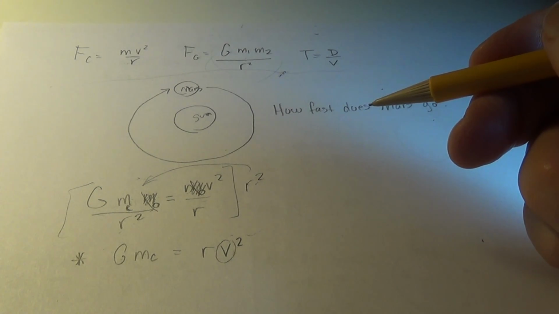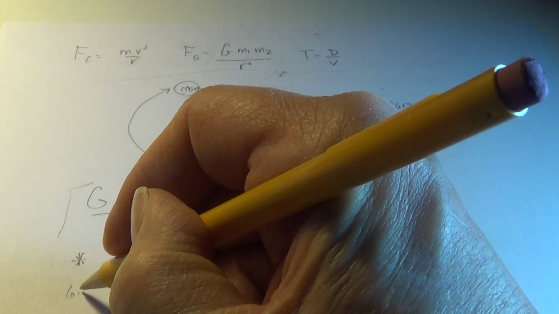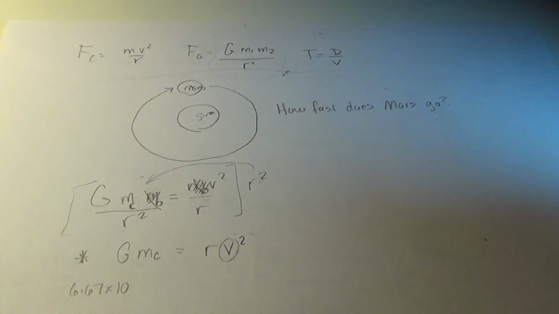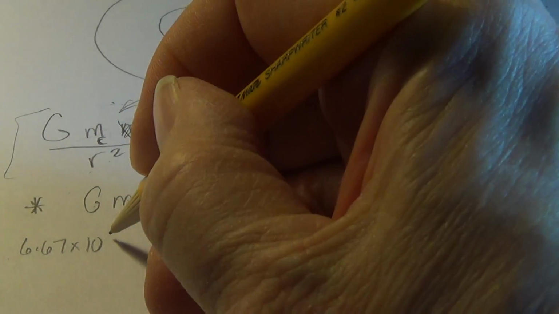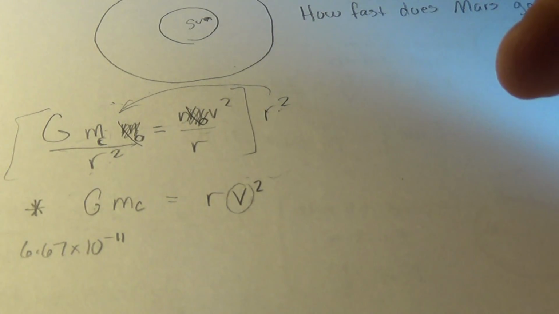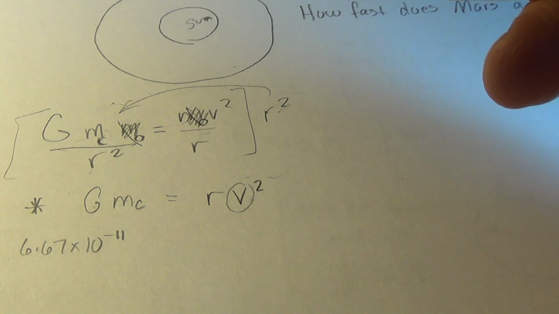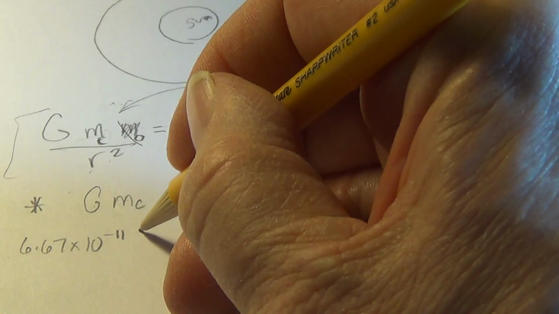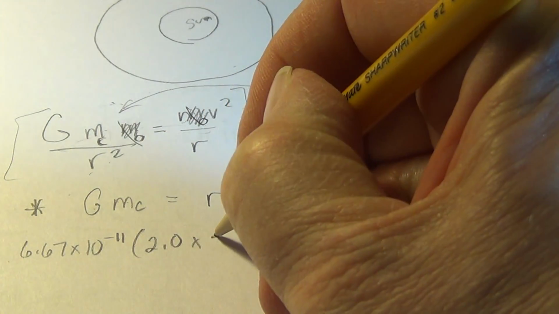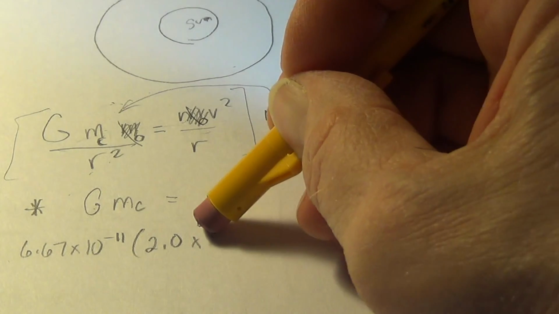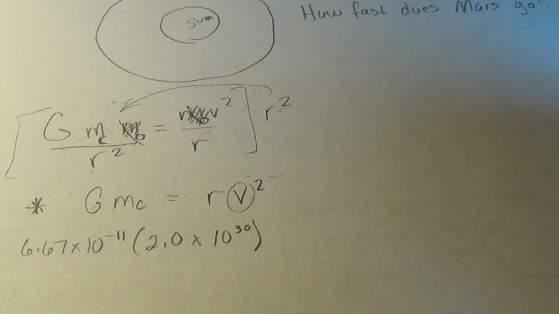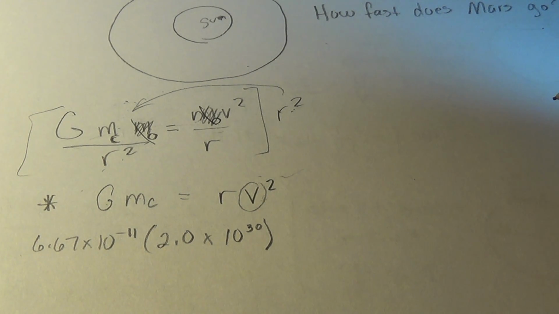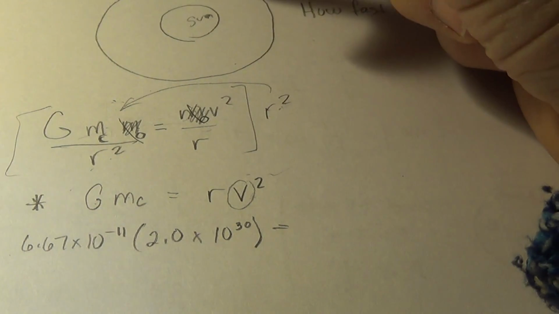So when I'm doing this problem, G is 6.67 times 10 to the, do you recall? Have you been well taught? 6.67 times 10 to the minus 11. Then the mass of the sun is something that is known, so I'm going to grab that from a chart somewhere. 2.0 times 10 to the 30. The radius of Mars is its distance from here.